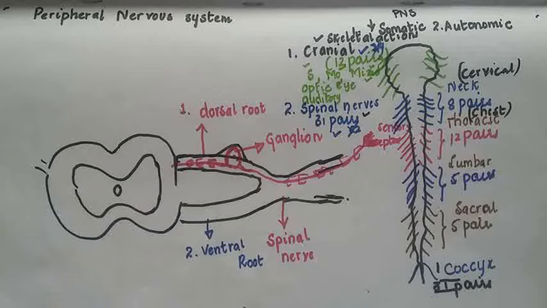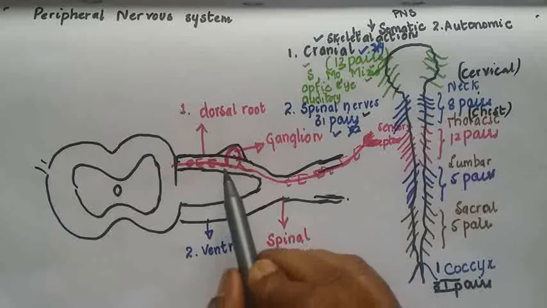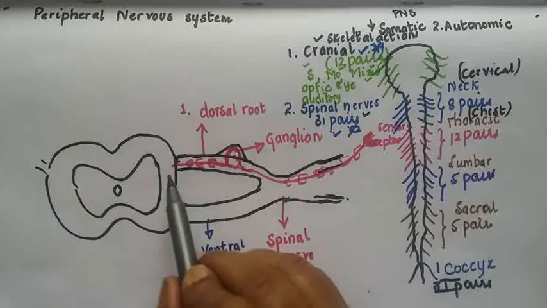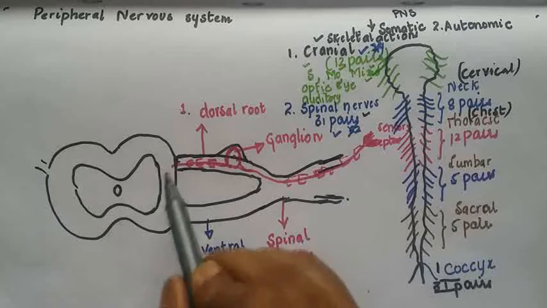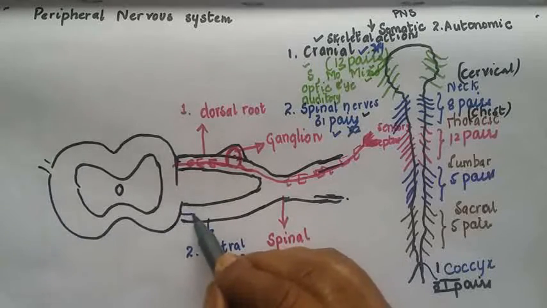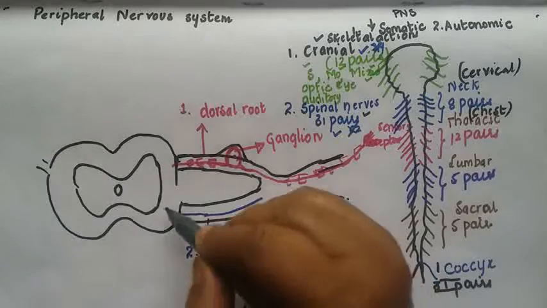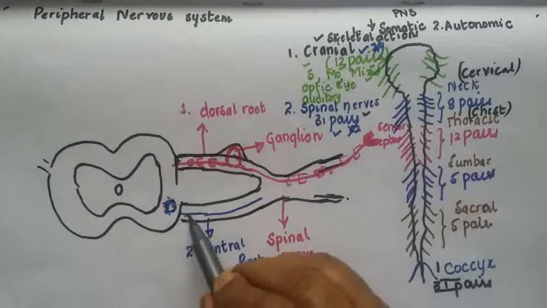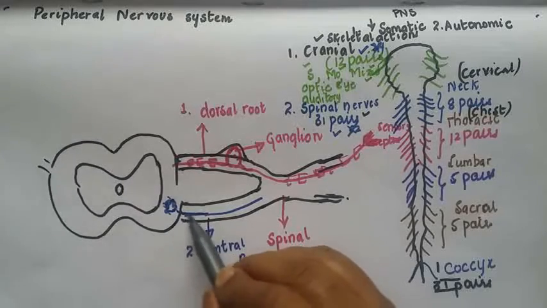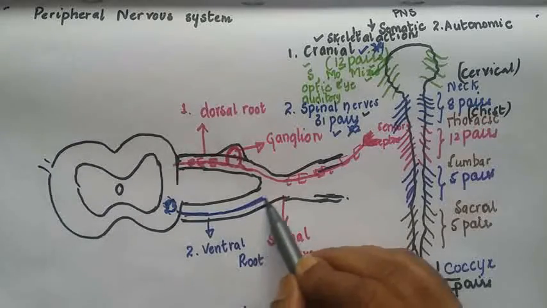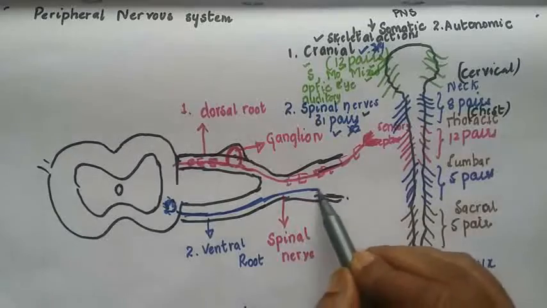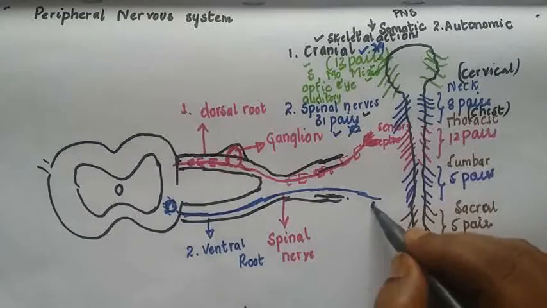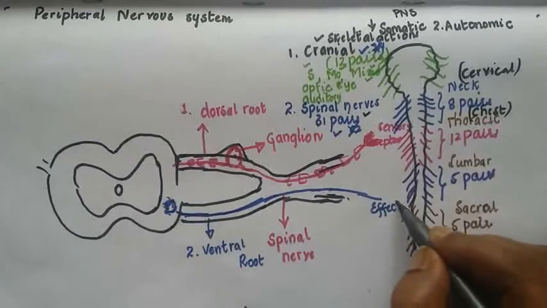So what do we find in the ventral root? When the impulses are conveyed to the spinal cord, from the spinal cord we find the cyton of the motor nerve fibers, or a motor neuron, which is carrying impulses towards the effectors.